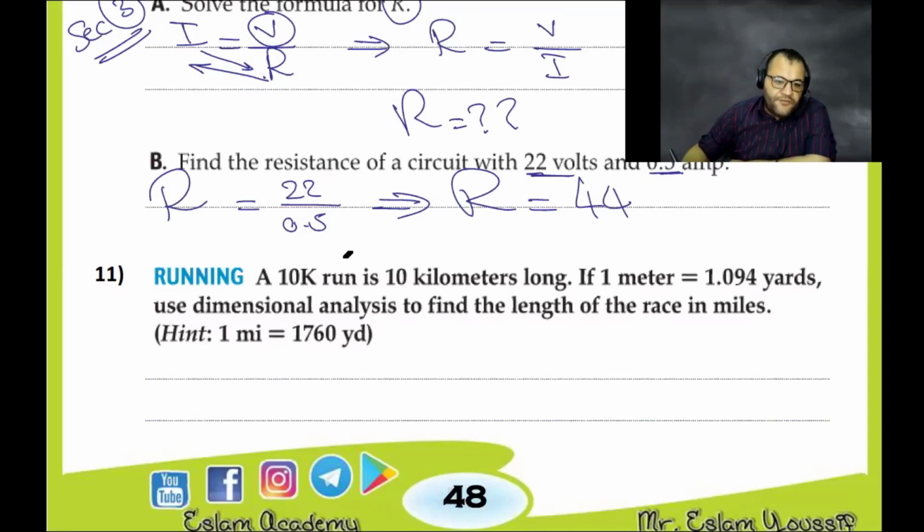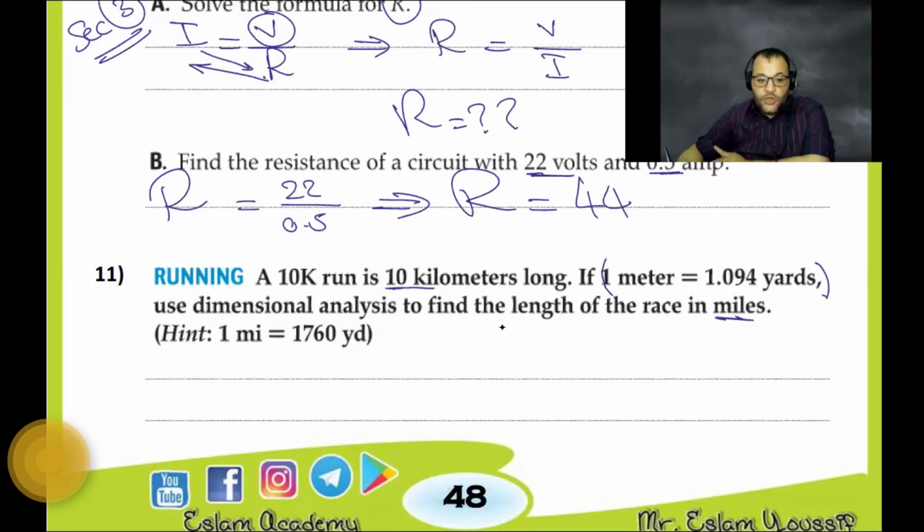So now we have the length, 10 kilometers. We need to convert it to miles, but with the given relations. The only relations that we have: 1 meter is 1.094 yards, and 1 mile is equal to 1,760 yards.